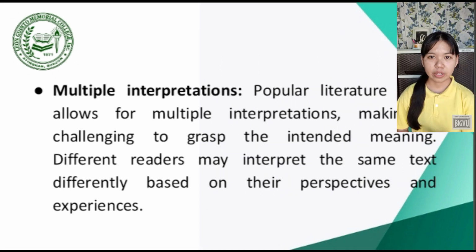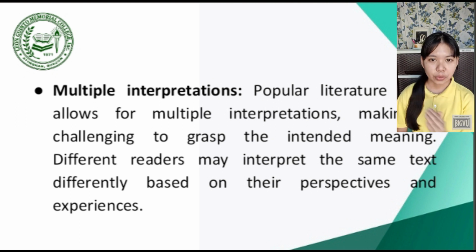Next is multiple interpretations. Popular literature often allows for multiple interpretations, making it challenging to grasp the intended meaning. Different readers may interpret the same text differently based on their perspectives and experiences. So popular literature can be interpreted in different ways by, of course, different readers.